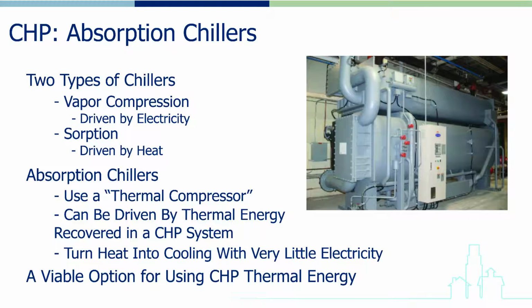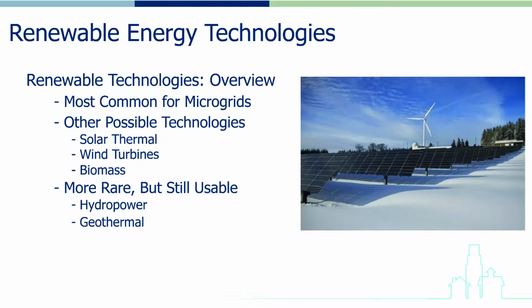They can use this heat directly to meet cooling loads and, as a consequence, need very little electricity compared to electric chillers. Absorption chillers provide a very viable option for using the thermal energy produced by a CHP system to create cooling.